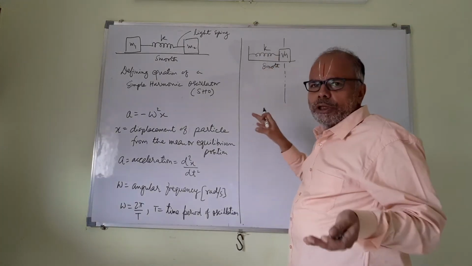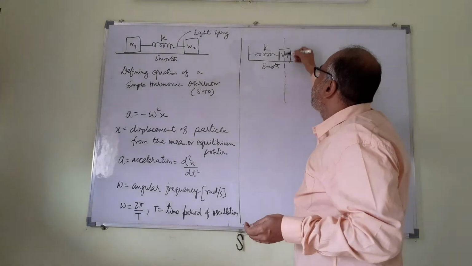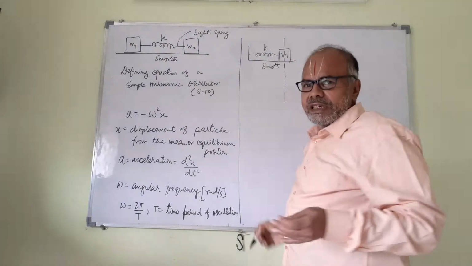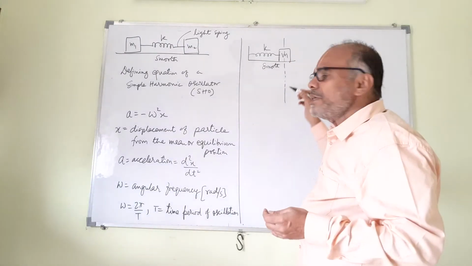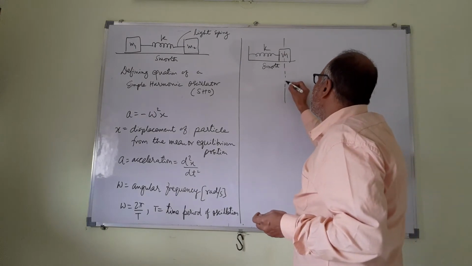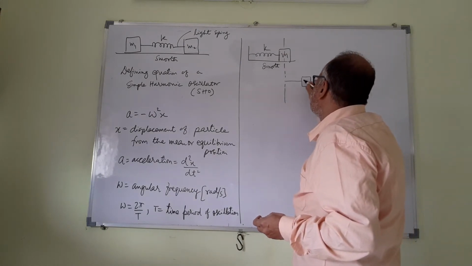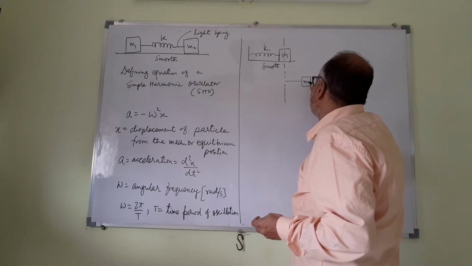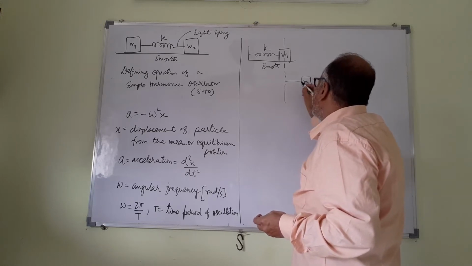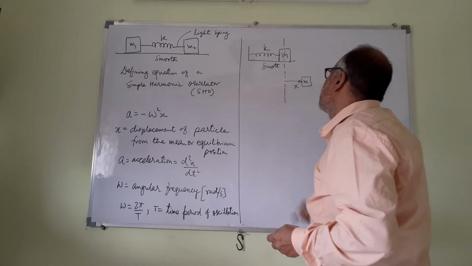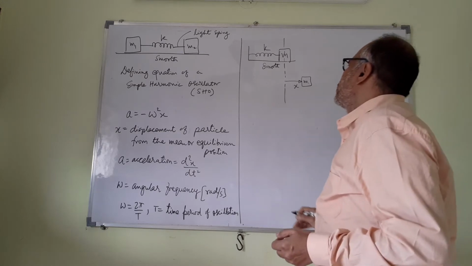The floor is smooth, there is no friction. So the net force on the mass m is 0. Therefore, this is the equilibrium position. Now, supposing we pull this mass by a distance x and release it.